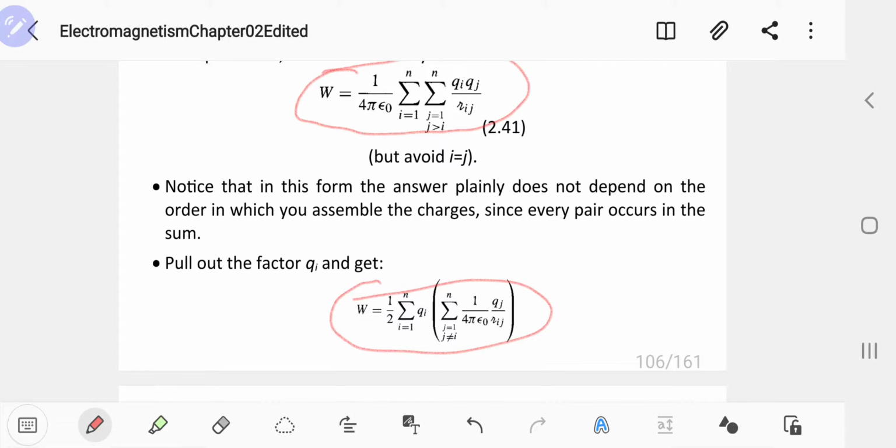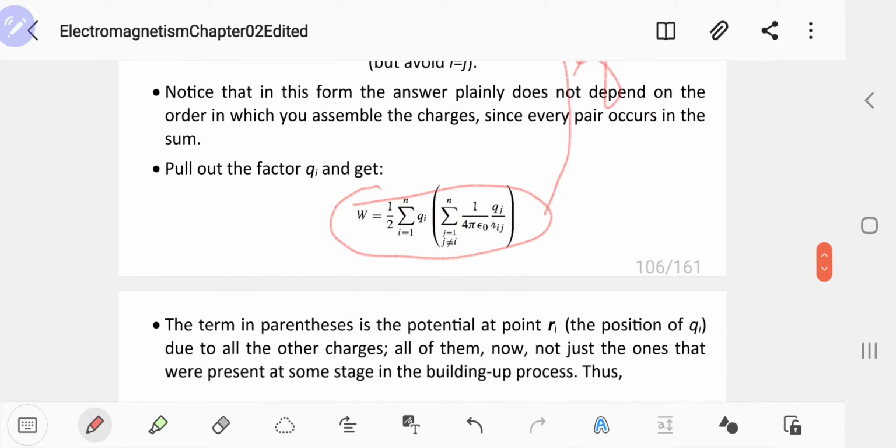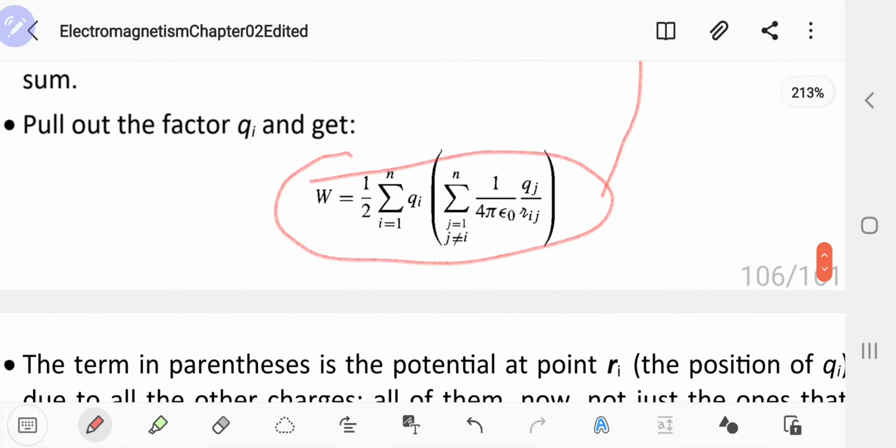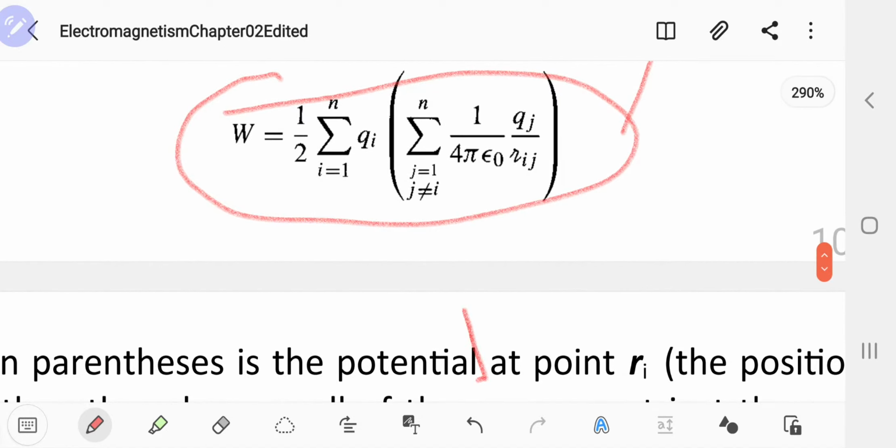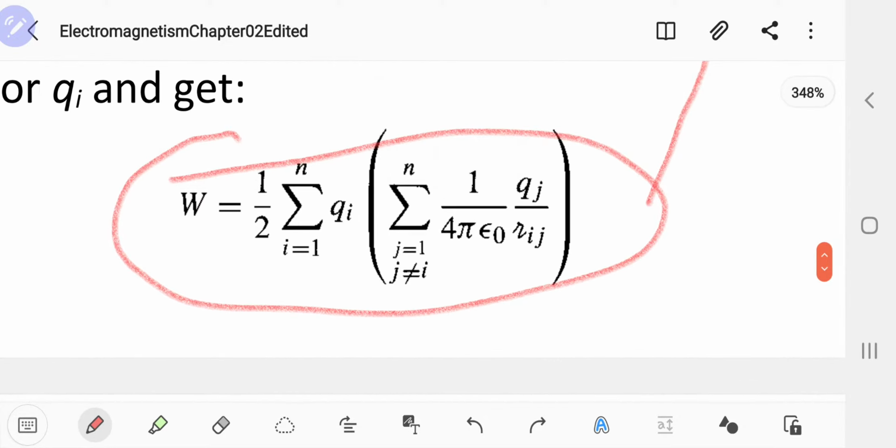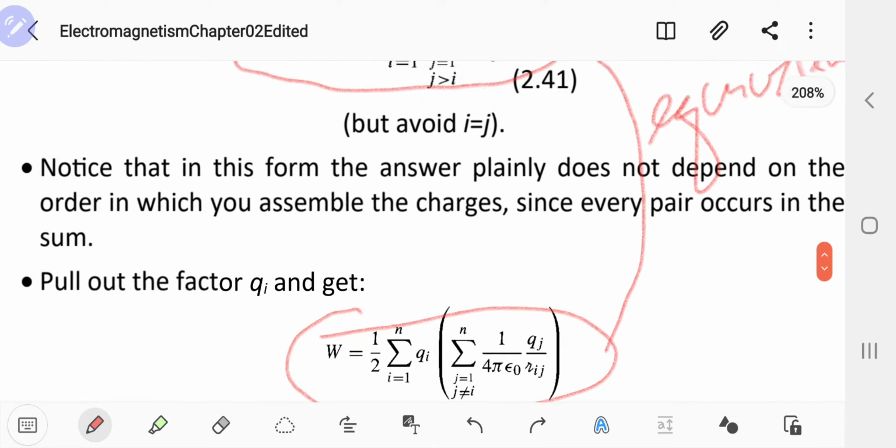So these two are just equivalent. Anyway, let's expand that so that you can see the expression. So that's the work done.